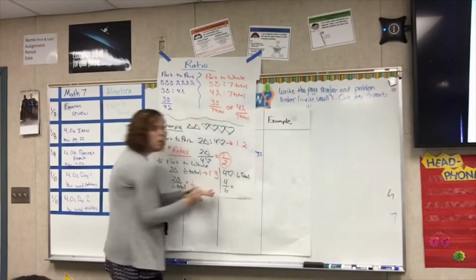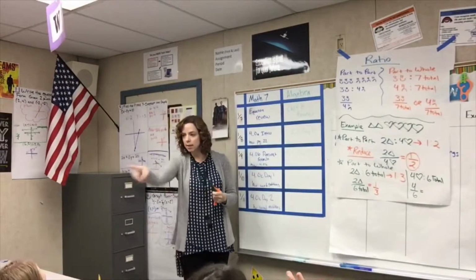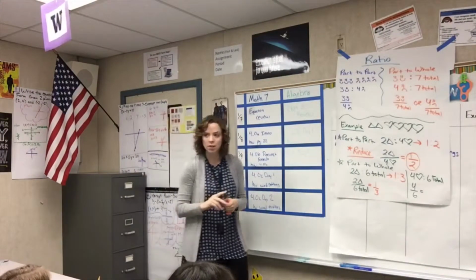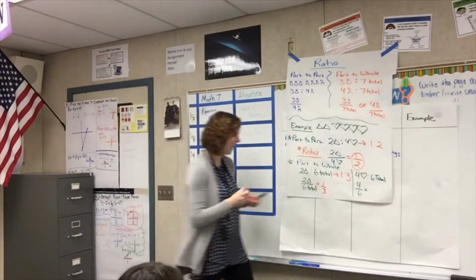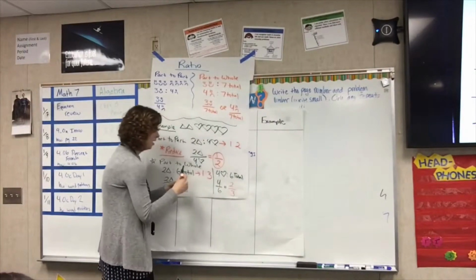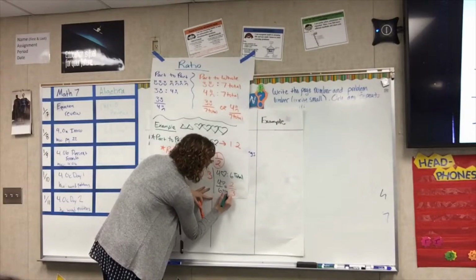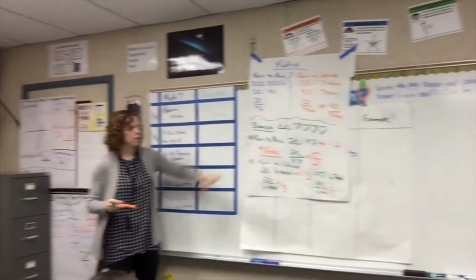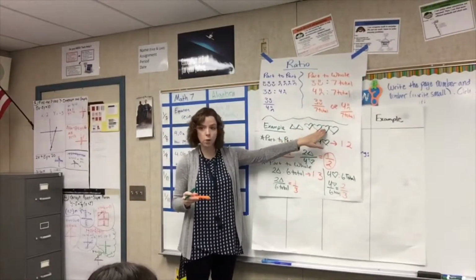So part to whole will have 2 possible answers. And we can write that as a fraction, 4 to 6. Okay, what does 4/6 reduce to? Yes, 2/3. Yep, good job. Nice. 2/3. Here, I'm going to put a heart here and say total.